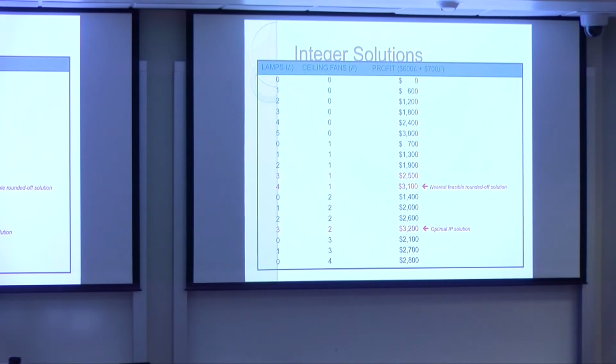And looking among all this list, I found this profit is the highest. So L equal to 3 and F equal to 2 actually is the optimal IP solution. So this 4, 1 is actually your nearest feasible rounded off solution.